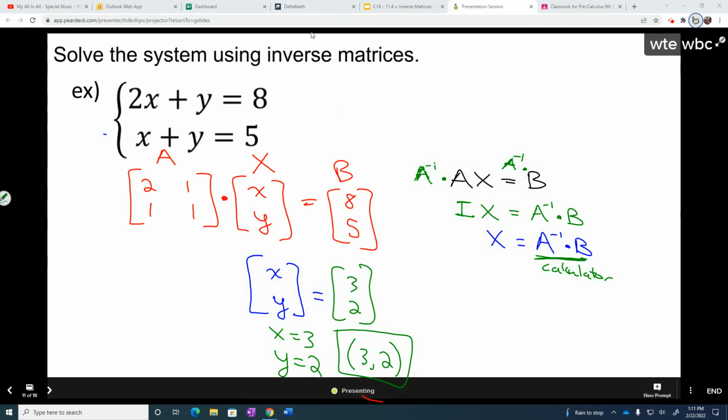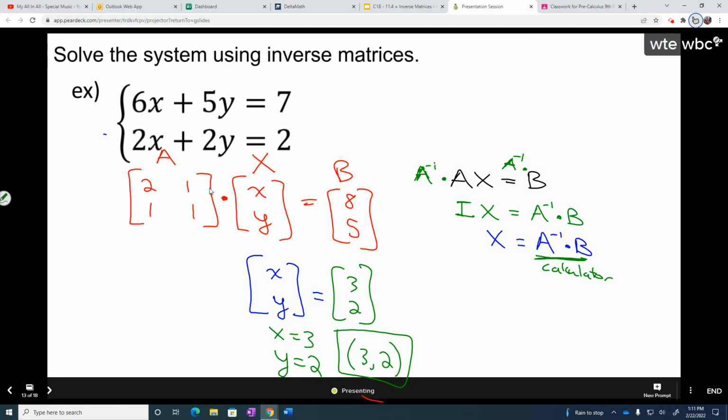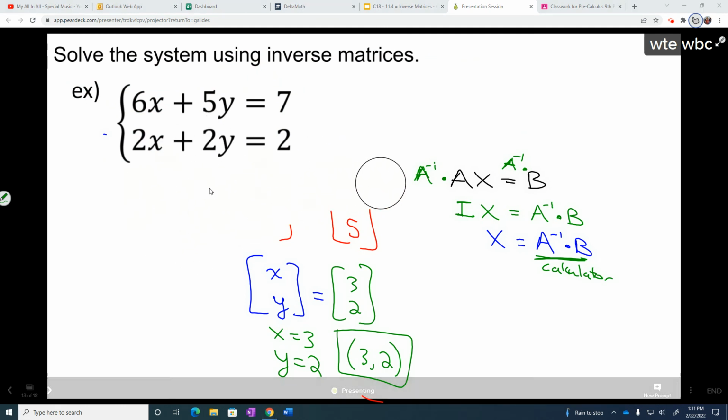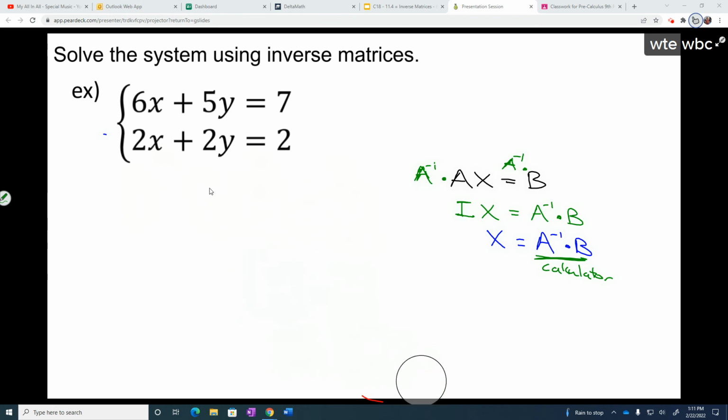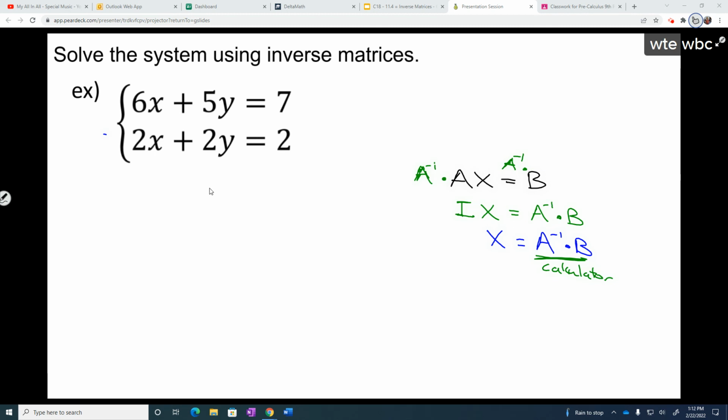Let's try another one. When you do these, this is what you need to write out though, so you've got to write out this stuff here so that you know what you're doing. Let's try this one. So the coefficients go in our matrix A, 6, 5, 2.